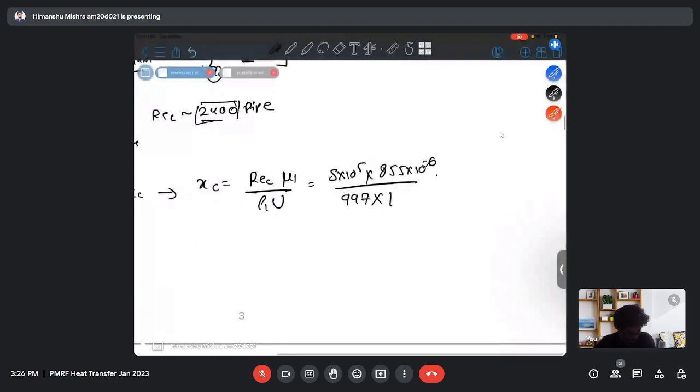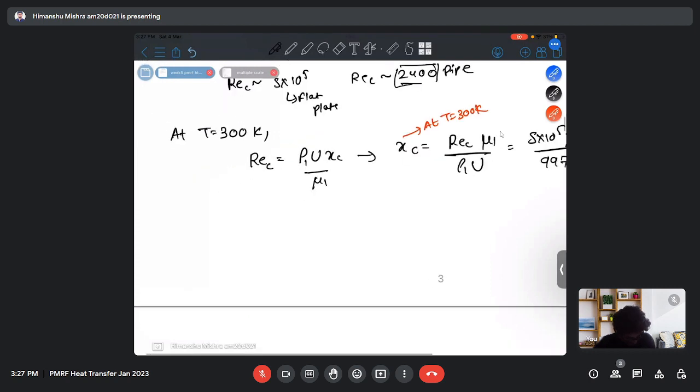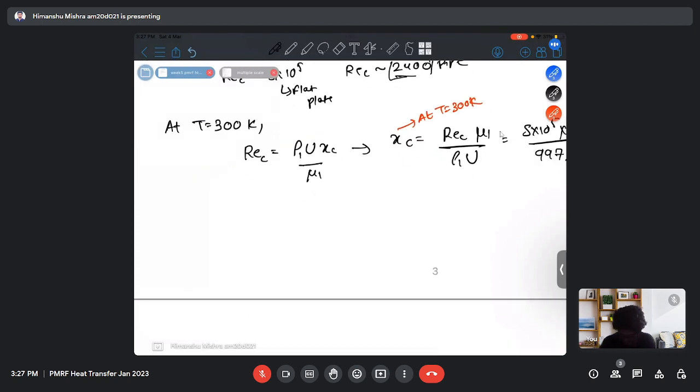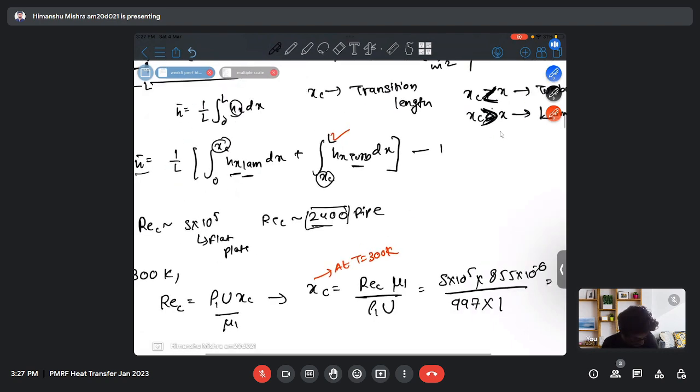So after solving this, I will get XC at temperature 300 Kelvin as 0.43 meter. Now we have XC, so we need to use equation 1 here.